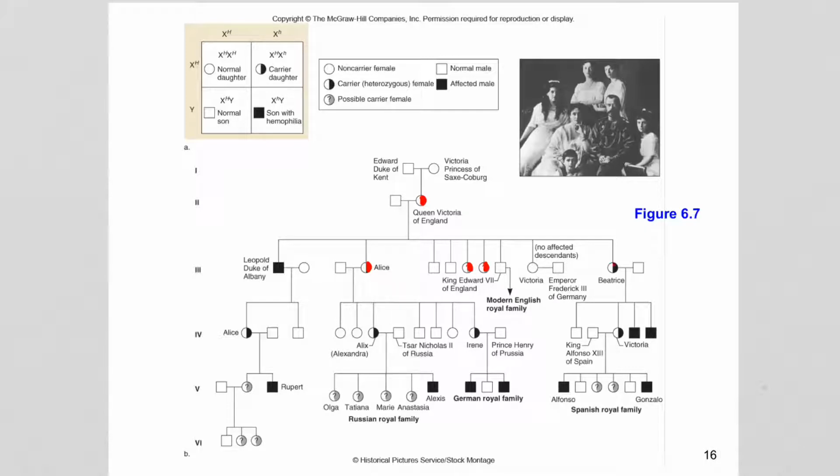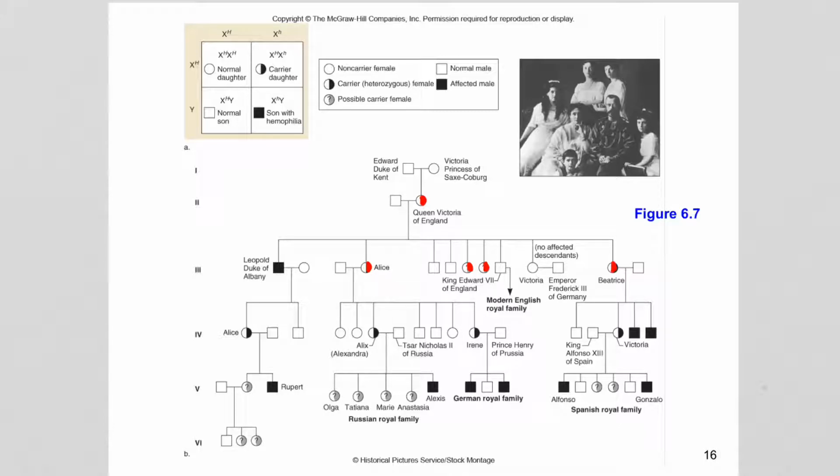So all of the females that we see in this pedigree through all of the generations, there's no female that is actually showing two copies of the condition. They are all carriers in these cases. And some of those females may be actually affected by the condition due to X inactivation.